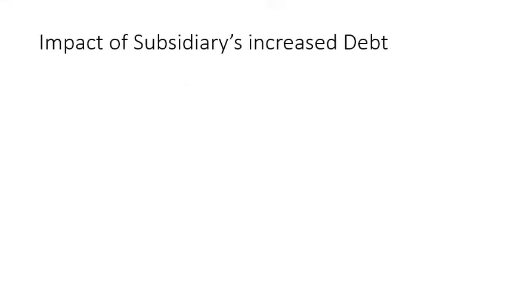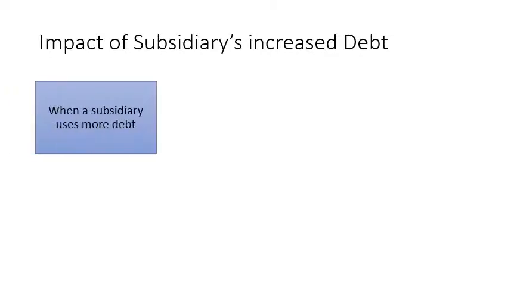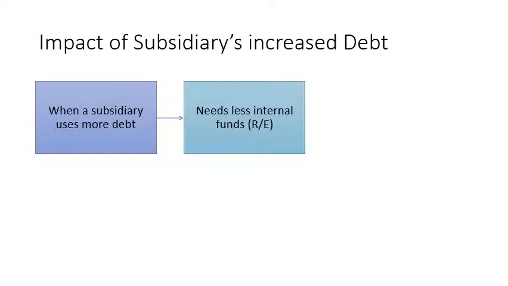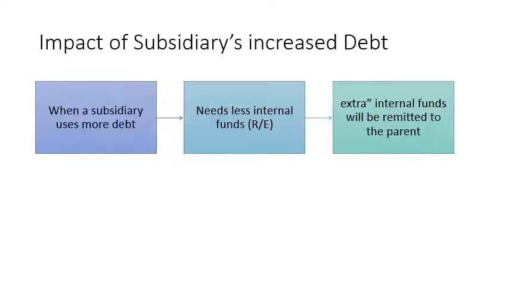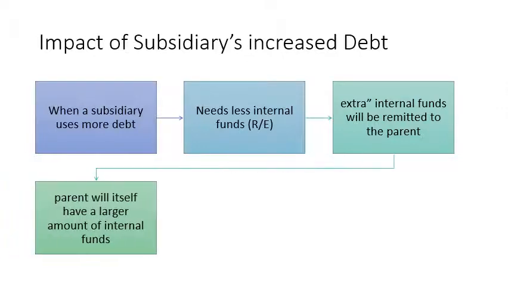So, what is the effect of subsidiaries' increased debt? When a subsidiary uses more debt, it needs less internal funds or retained earnings. So, the subsidiary will remit the extra internal funds to the parent company.